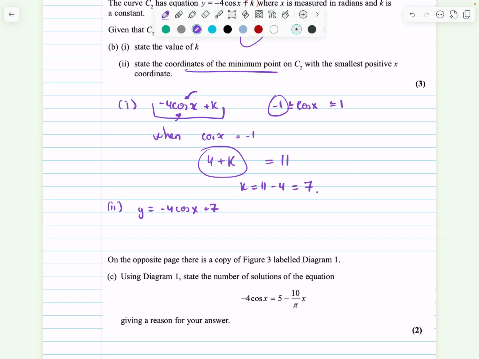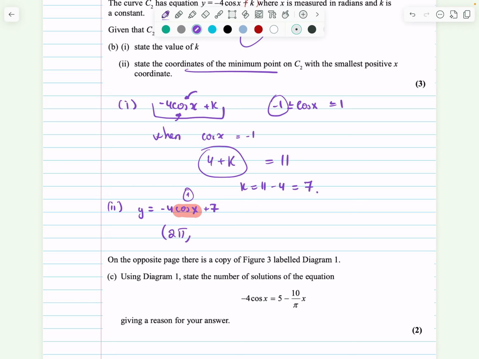So they want us to find the coordinates of the minimum point. We're going to say it's going to get 2 pi. And to have a minimum, I need to take the cosine positive 1. Okay? Because if I take the negative 1, it gives me maximum. We talked about it here. Okay? I need to take the cosine positive 1. We just said that at 2 pi, cosine 2 pi is 1, okay?